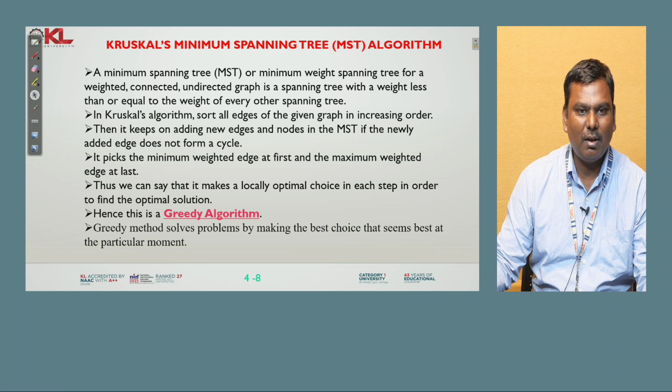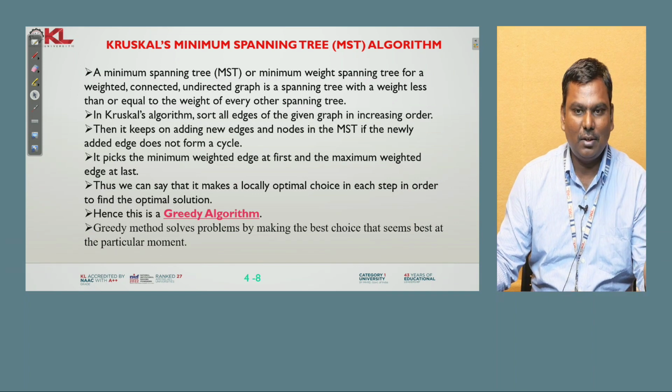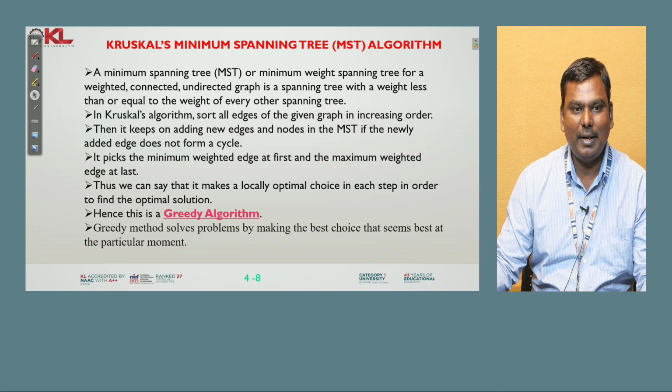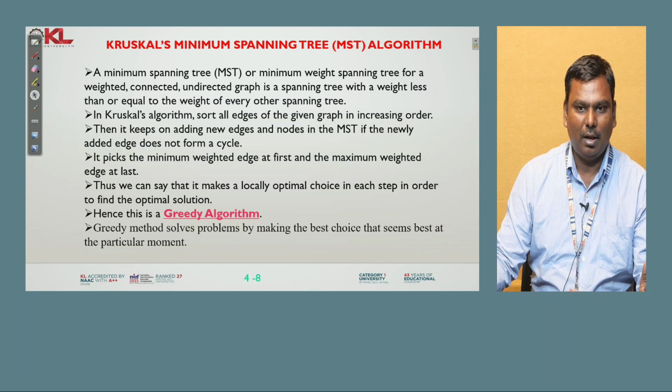Then it keeps adding new edges and nodes to the minimum spanning tree if the newly added edge does not form a cycle. It picks the minimum weight edge first and the maximum weight edge last.